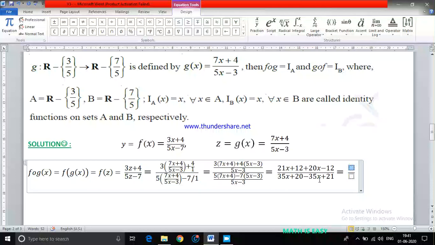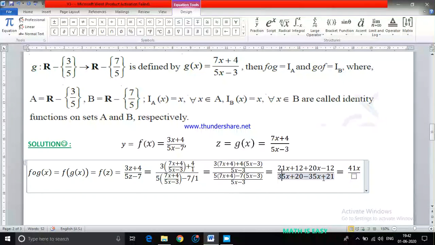Here if you simplify, this will be 21x plus 20x, which is 41x. Here plus 12 and minus 12 will be 0. So 41x will be there.